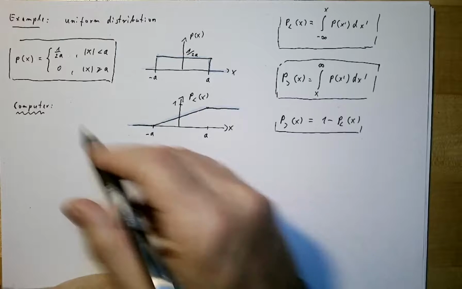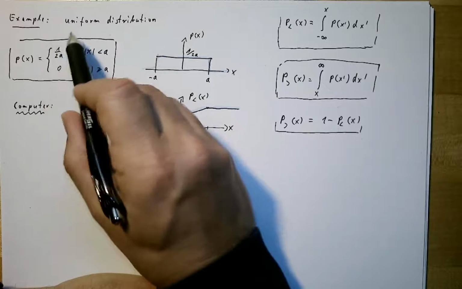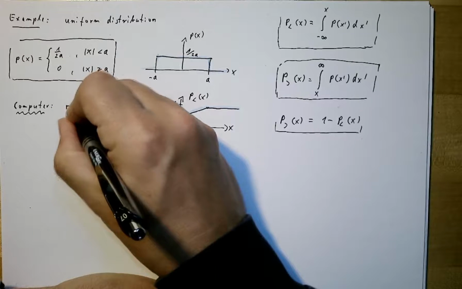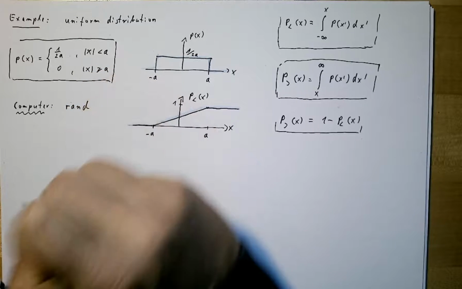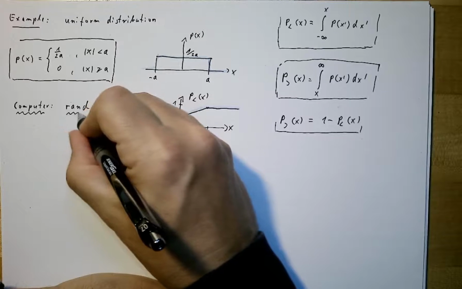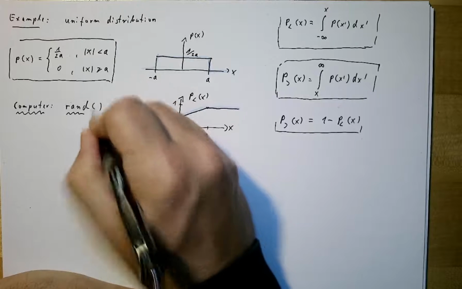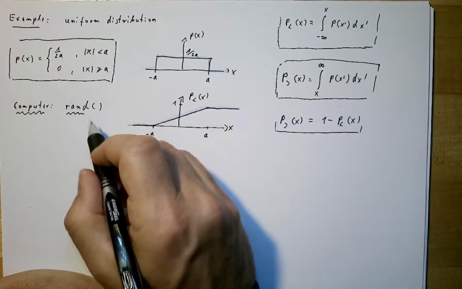And very often, to obtain a random number from a uniform distribution, we have the command rand. That's the command in most programming languages. And rand, maybe we need parentheses here depending on the language that you use.